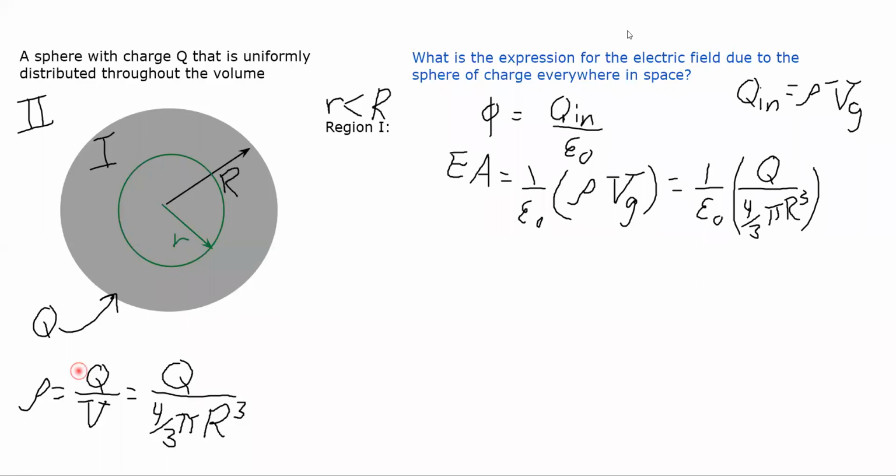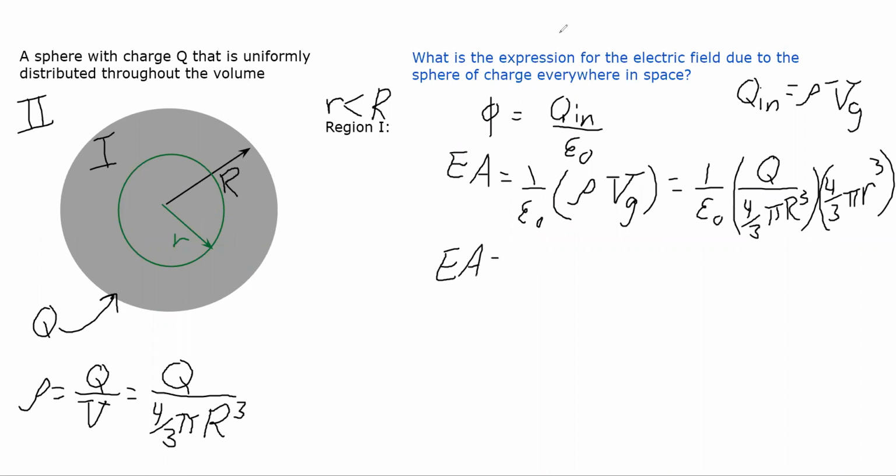I got that from down here. Total charge over total volume, that's a valid ratio for charge density. And then times Vg, the volume of my Gaussian surface, 4/3 pi lowercase r cubed. Okay, so that simplifies.